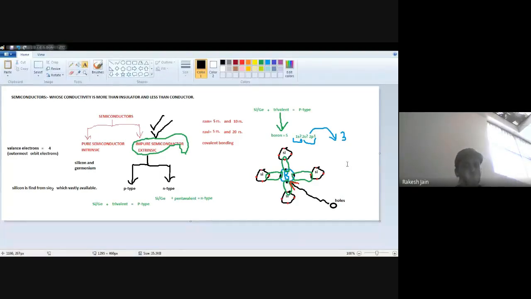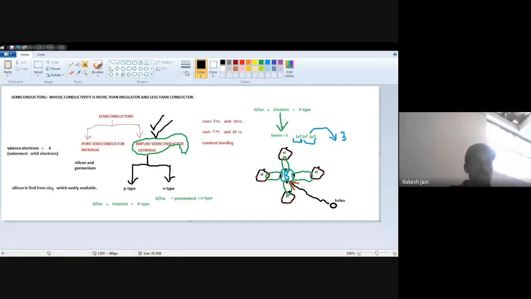Similar to this making of holes, there are so many silicon particles and so many boron particles. Each boron particle requires one electron so that the complete covalent bonding will happen from all the four sides. So there are so many holes generated.